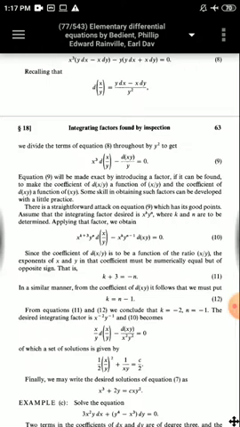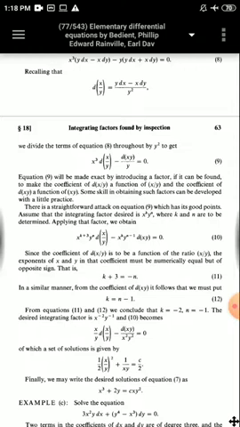Equation 9 will be made exact by introducing a factor, if it can be found, to make the coefficient of d of x upon y a function of x upon y and the coefficient of d of xy a function of xy. Some skill in obtaining such factors can be developed with a little practice.